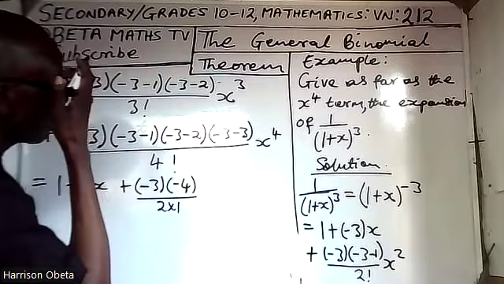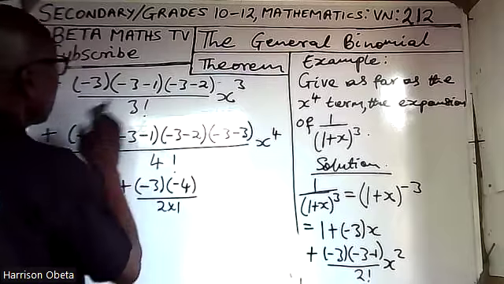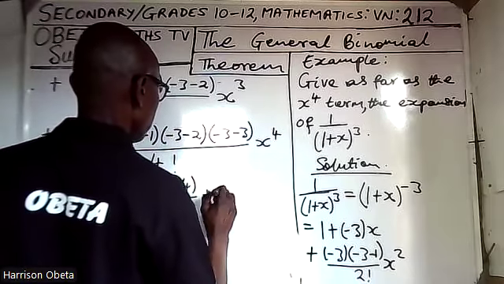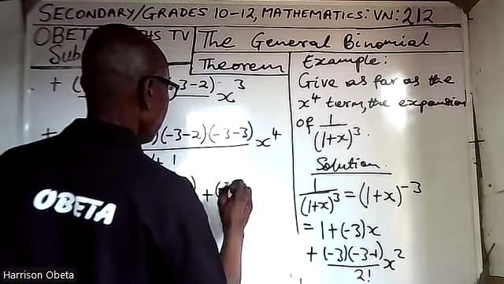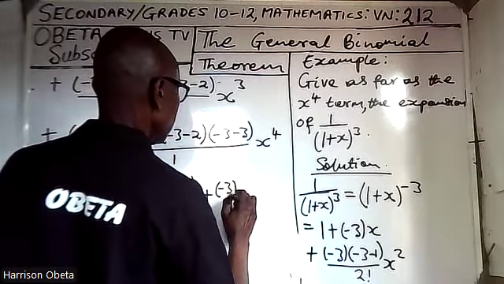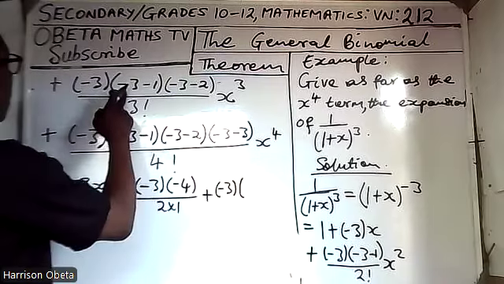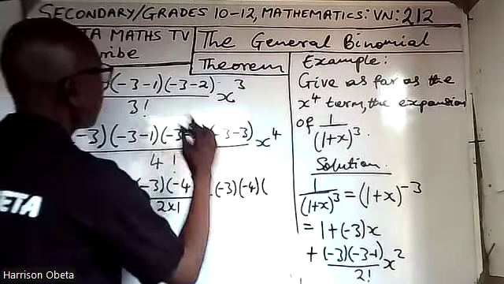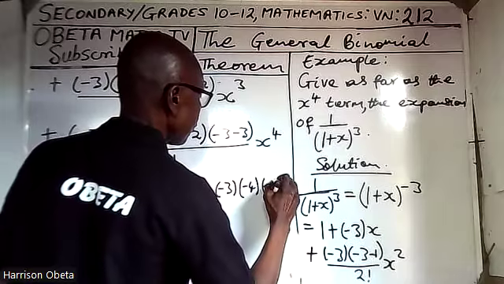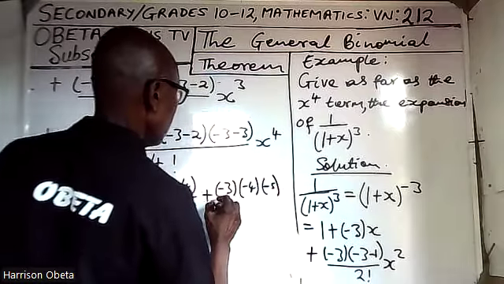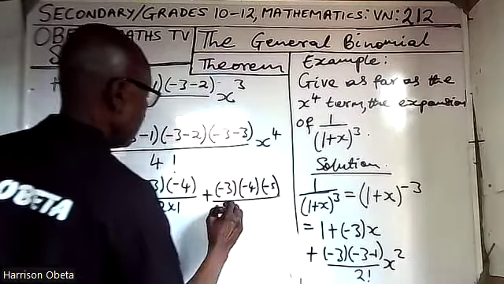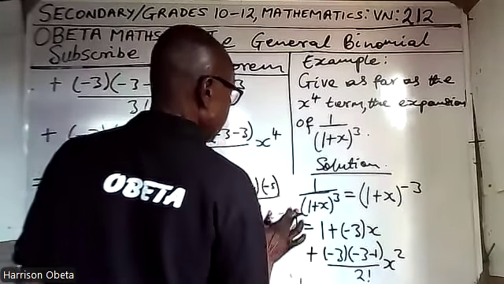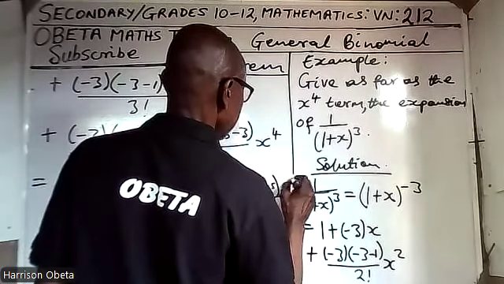Then again, moving on, you pick this one, and that will be plus (minus 3) into (minus 4) into (minus 5), then all over 3 factorial, which is 3 times 2 times 1, then x raised power 3.